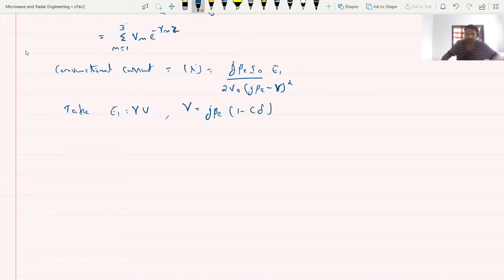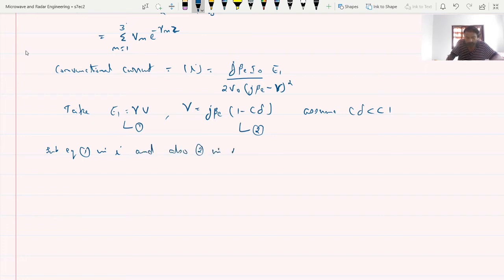Okay, and assume C delta is very much less than 1. You call this equation 1, you call this as equation number 2. Okay, so you substitute equation 1 in I, and also 2 in I. You know the value of I is this one.